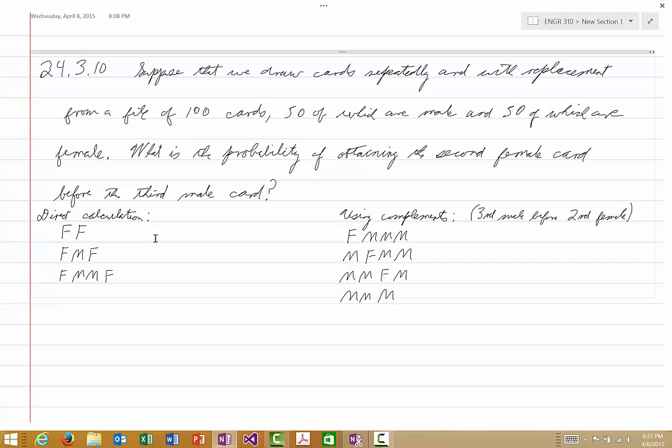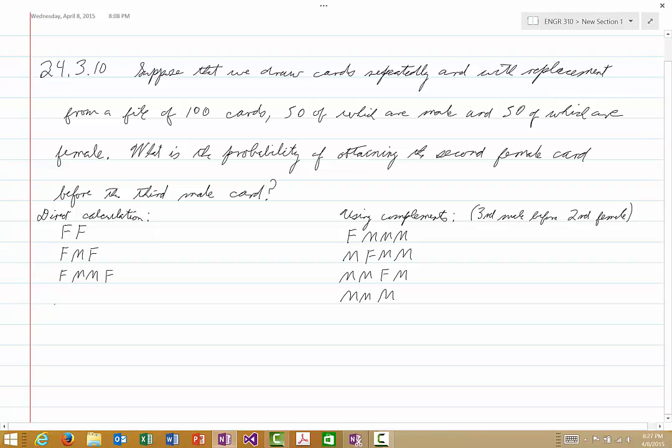So now let's look at the possibilities where the first card drawn is a male, and then I'll assume that the second one is a female. Okay, so we could have male, female, female. That would give us our second female before our third male. Or male, female, male, female. That would also give us our second female before our third male.